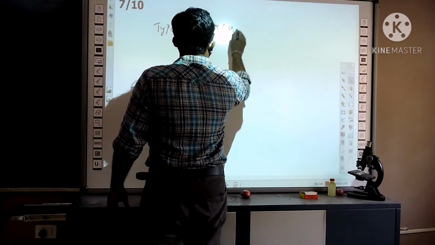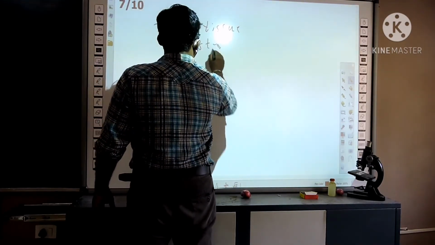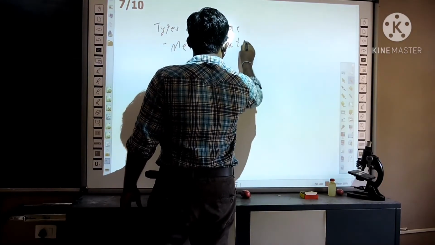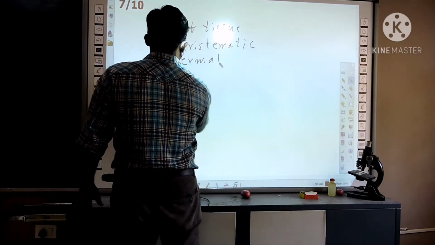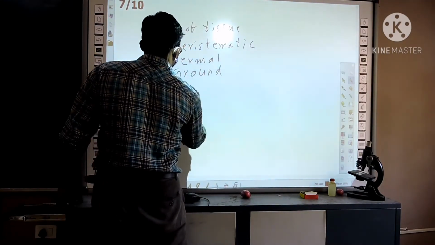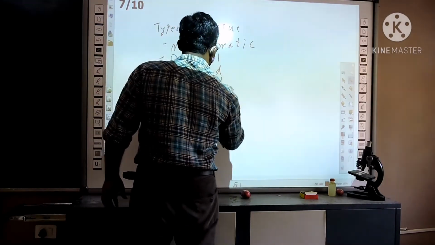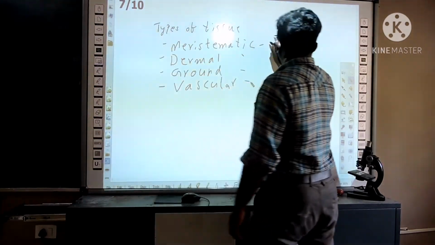Do you know what they are? Meristematic, dermal, ground tissue, and vascular tissue. So what is the function of meristematic tissue?